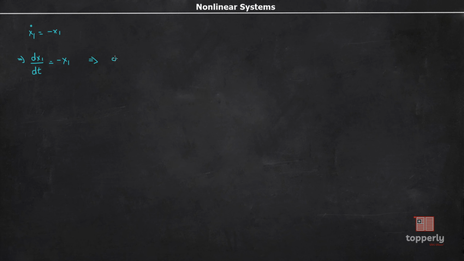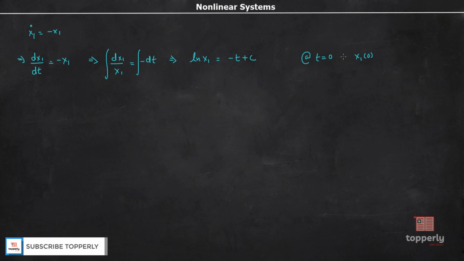So we have dx1 by dt is equal to minus x1, which gives us dx1 by x1 equal to minus dt, and integrating both sides gives us ln x1 is equal to minus t plus c. At t equal to 0, we have x1 of 0.